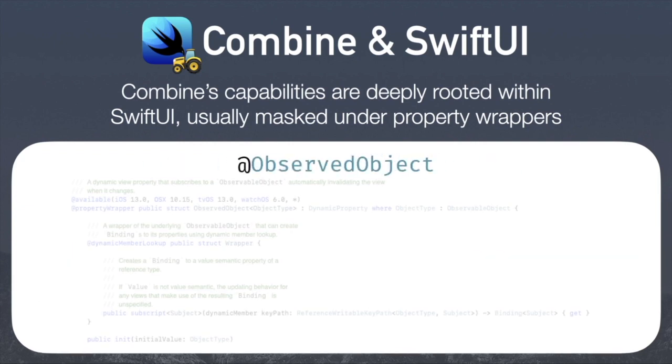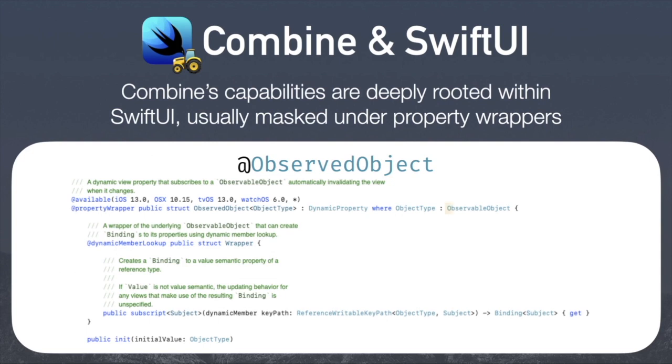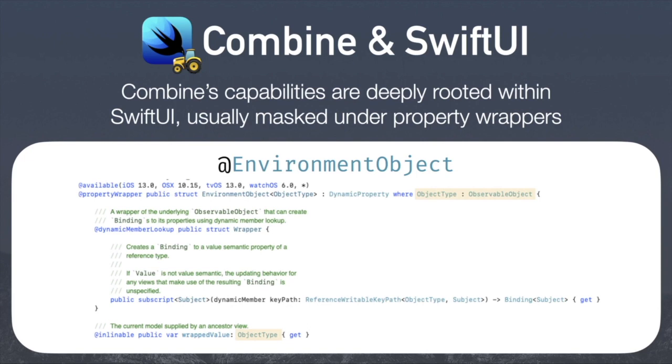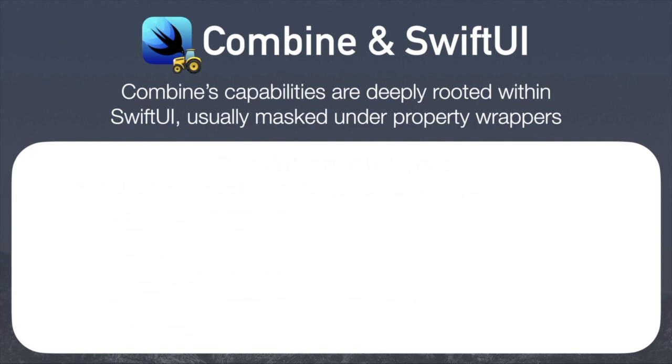Same for @ObservedObject. It underlyingly uses ObservableObject, which, as I showed you earlier, uses a publisher underneath the hood. We also have @EnvironmentObject, which does the exact same trick. Object type, ObservableObject, that's a publisher.